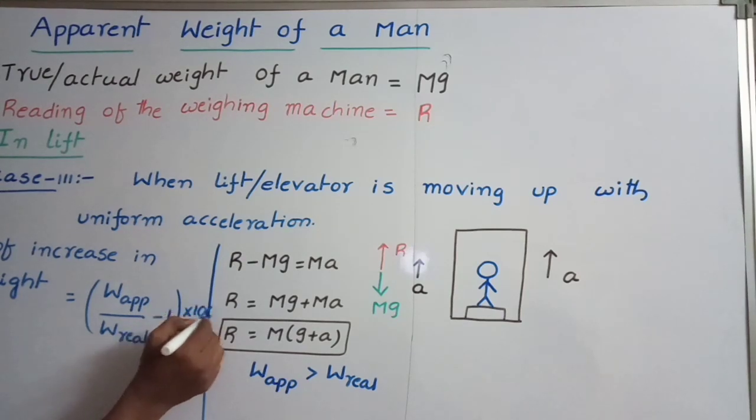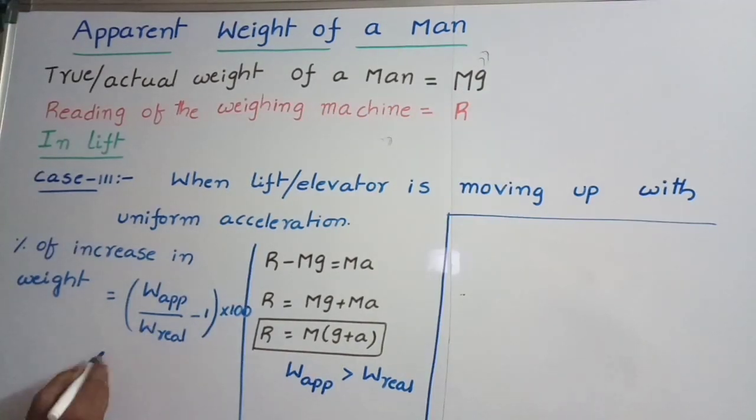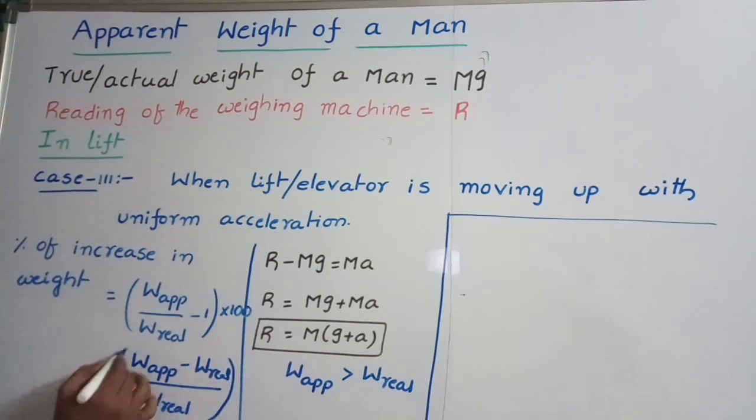This formula is useful to find the percentage increase. From this, we can write (W apparent minus W real) by W real into 100.